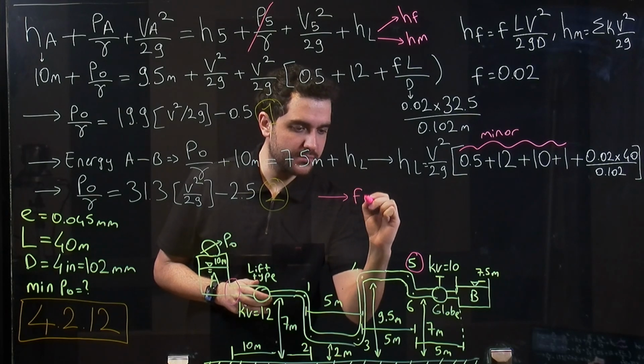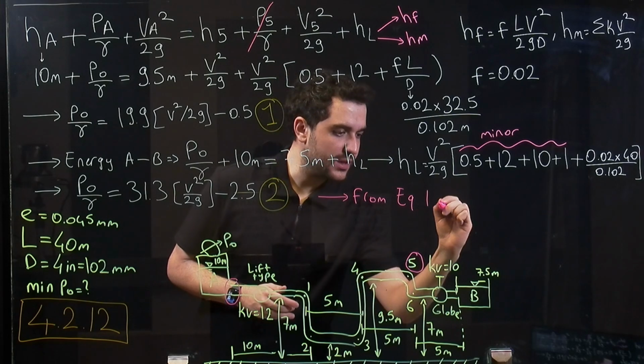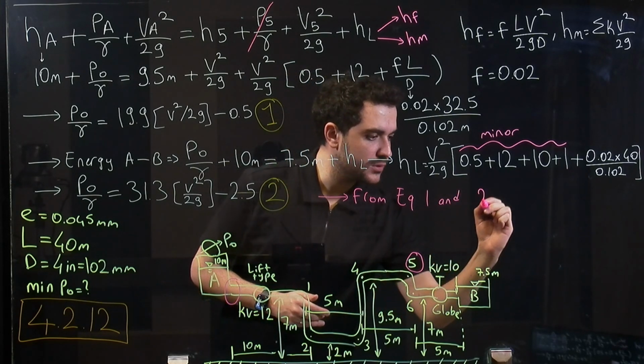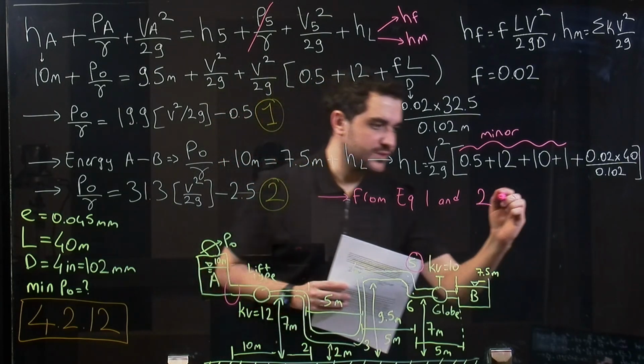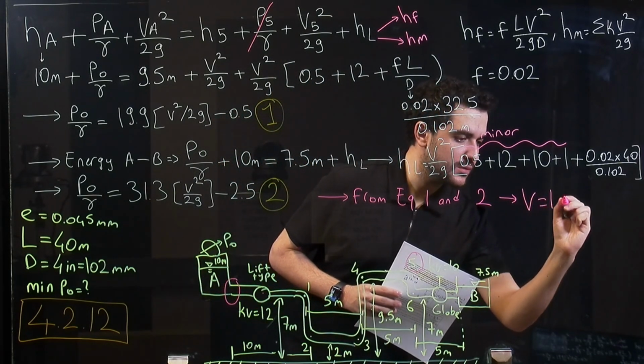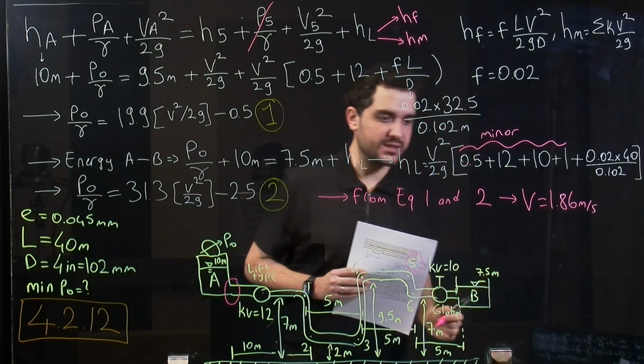So from equation 1 and 2, velocity is 1.86 meter per second.